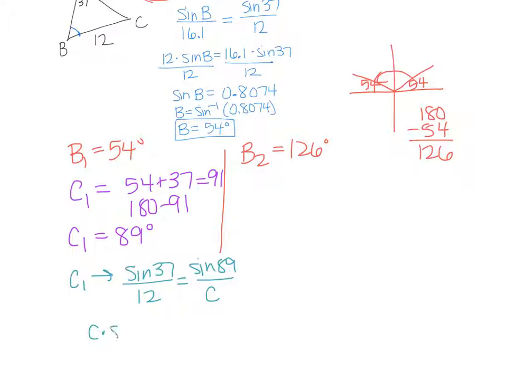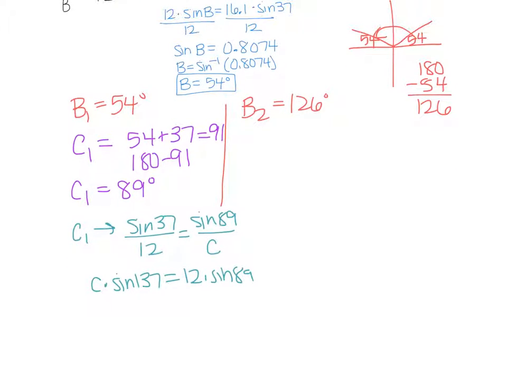I get c times the sine of 37 is equal to 12 times the sine of 89. Divide by the sine of 37. And then type that whole thing in your calculator to get c1. And you should get 19.9. So there are our first set of answers here. We have B1, we have C1, the angles, and then we have little c1.